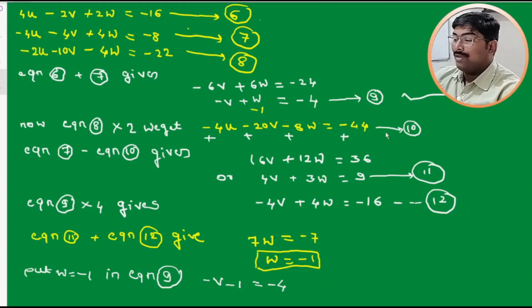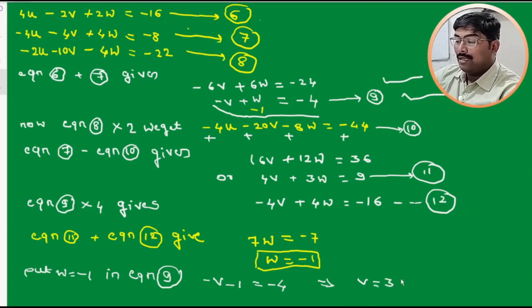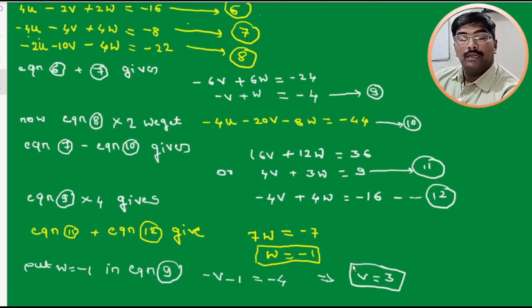If you see equation number 9, here we have minus V, W is equal to minus 1, and this is minus 4, and on simplifying you will get the value of V is equal to 3, which is the second value. Now we have to substitute the value for V and W in equation 7.